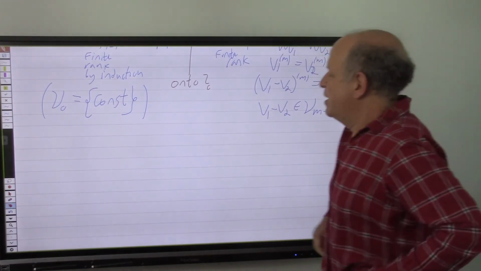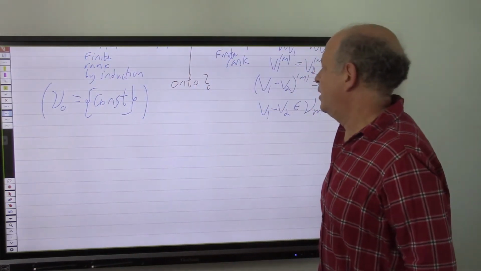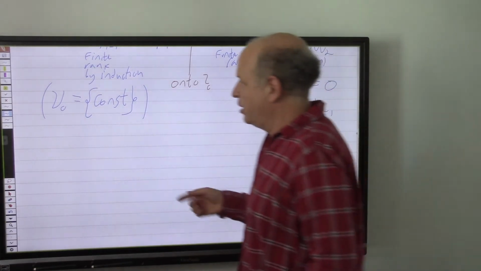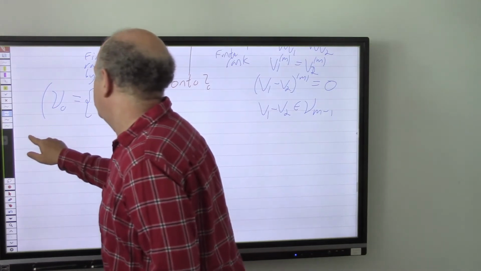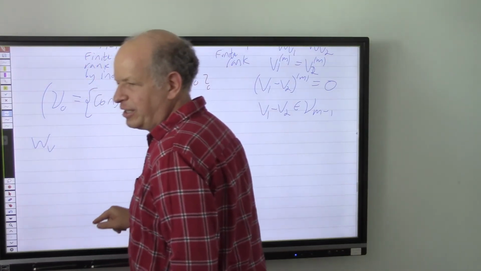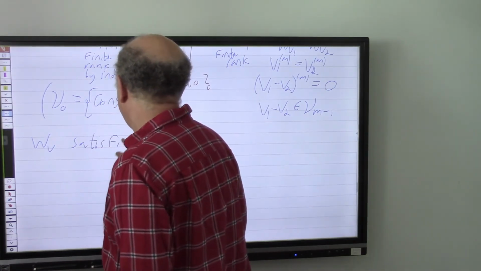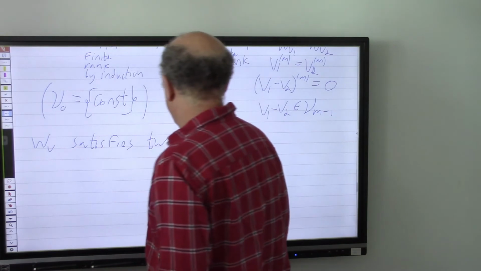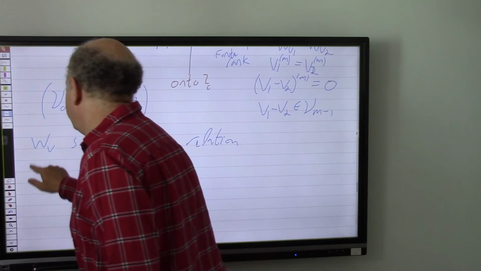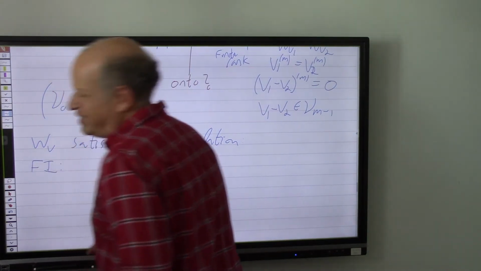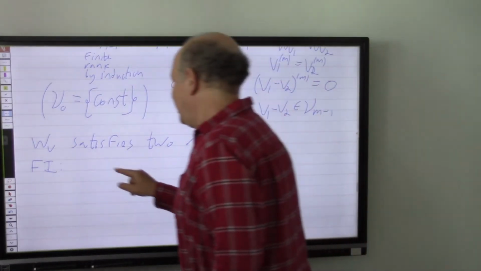So anyway, why is the image not everything? I claim that W sub V satisfies at least two relations. The first relation is easy and sort of wrong, but it's still worth mentioning.